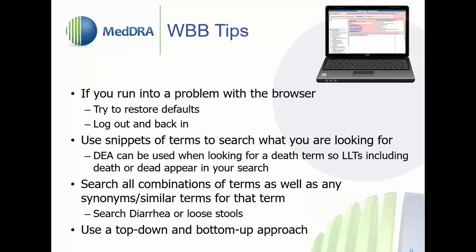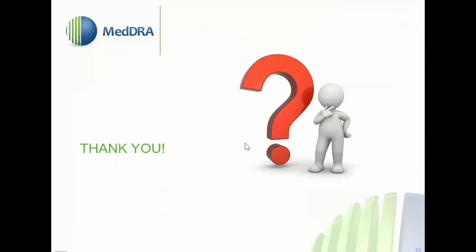Use that synonym checkbox feature in the web-based browser to help you search these types of terms. And again, you can use a top-down or a bottom-up approach, like I showed you, by clicking on those different terms and expanding and collapsing them.